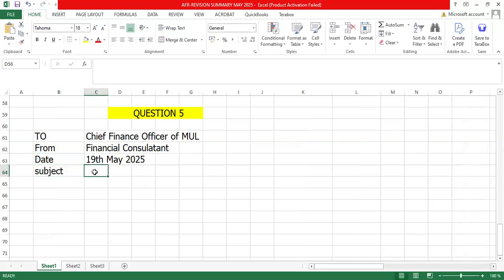Subject, what should we put? You can say simply, employee benefit schemes. Part A and part B, you can bring them in the introduction.